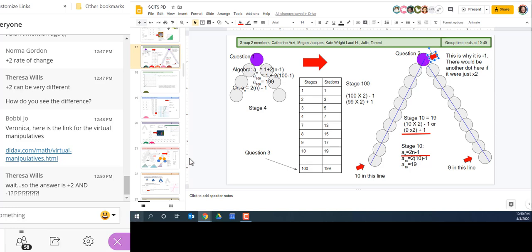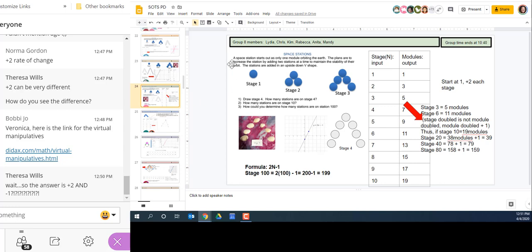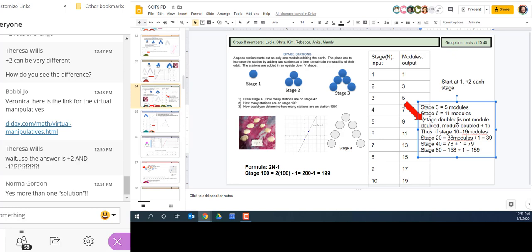And group 8 did something similar as well. Group 8 is down on slide 24, and they used words to explain that kind of not doubled thingamajig. Can group 8 explain what you mean in these words?